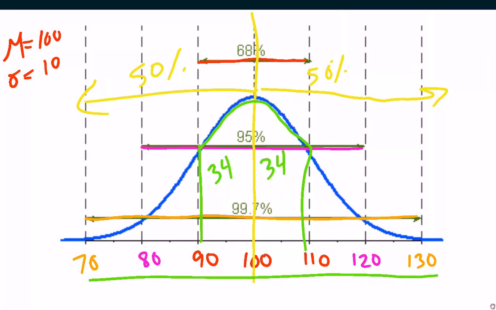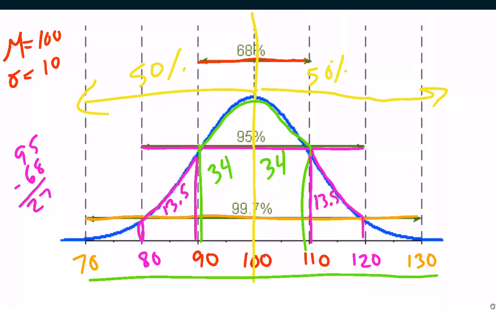So if I did 95 minus 68, that gives me 27, and I need to split that 27 in two. So that means this middle piece is going to be 13.5. The next middle piece is going to be 13.5. And if I added 13.5 plus 34 plus 34 plus 13.5, I should end up at 95.